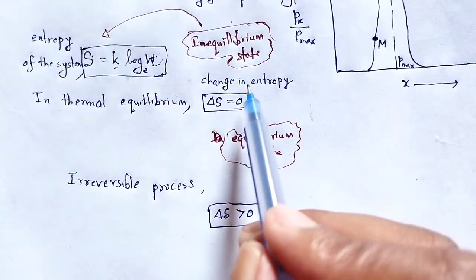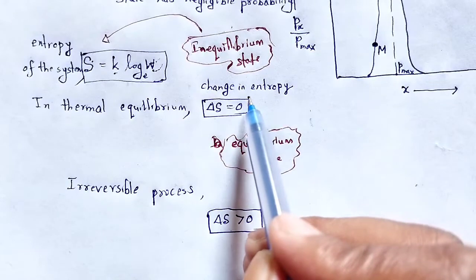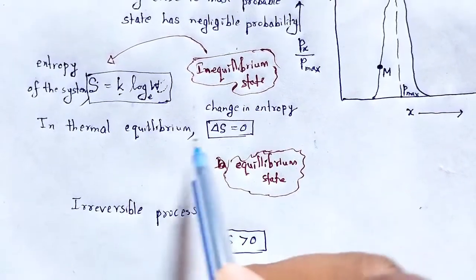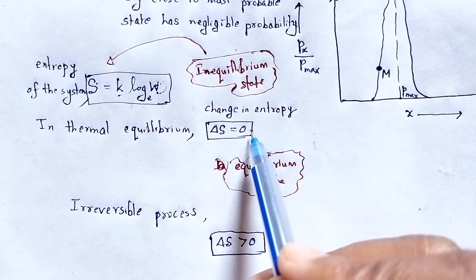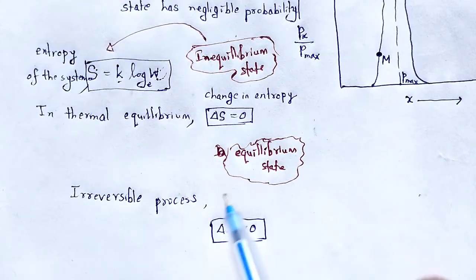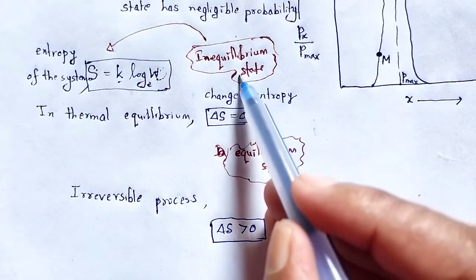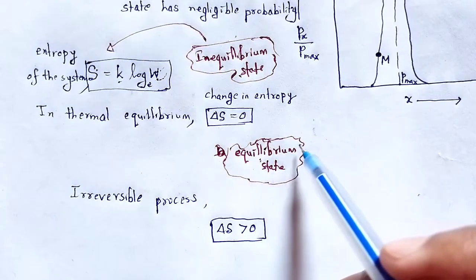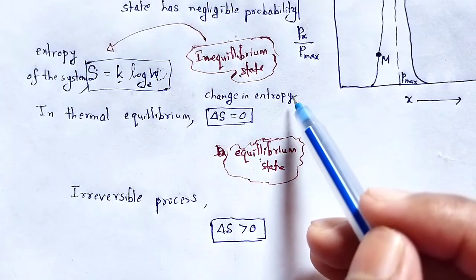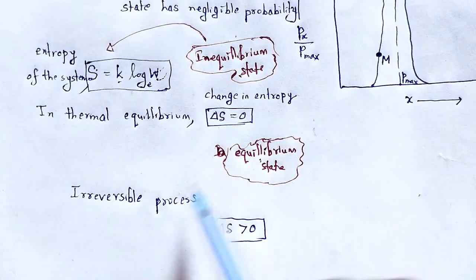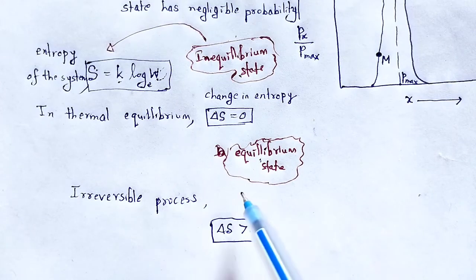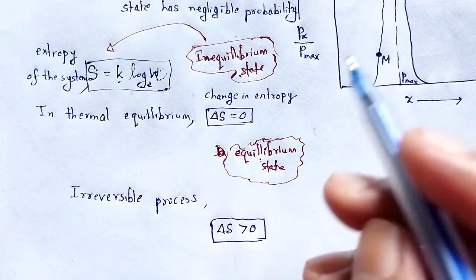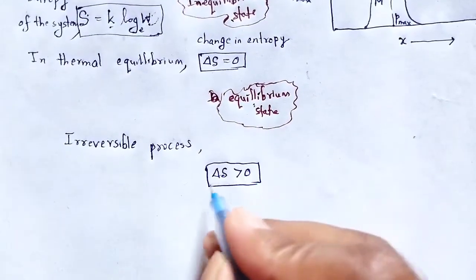Here is the reversible process: in case of thermal equilibrium, the change in entropy will be 0. Here is the irreversible process, when the state transforms from inequilibrium to equilibrium state, and further does not transform back from the equilibrium state. That is why it is said to be an irreversible process, and for an irreversible process the change in entropy will be greater than 0, that is, always increasing. This is the law of increase in entropy.